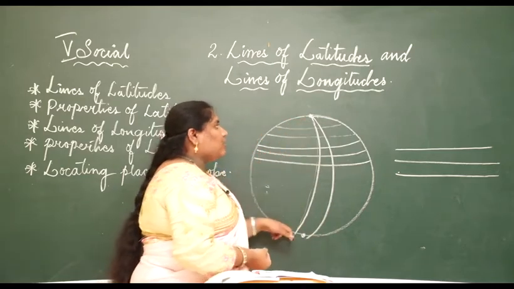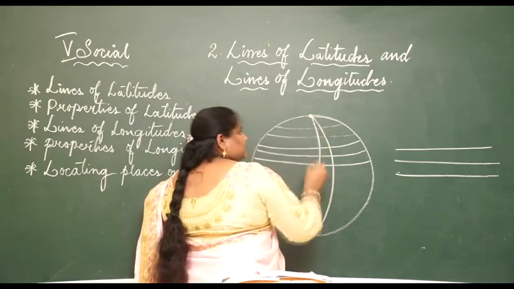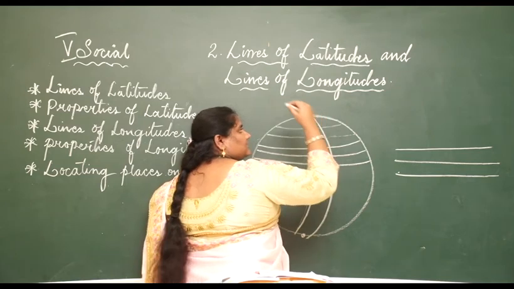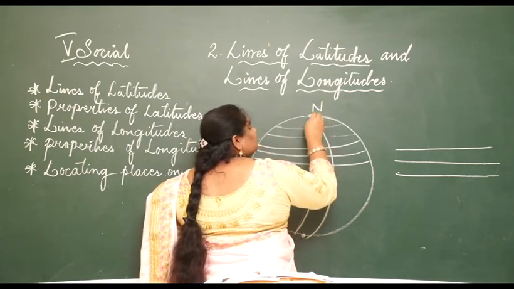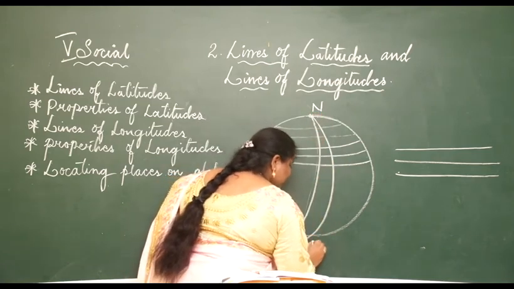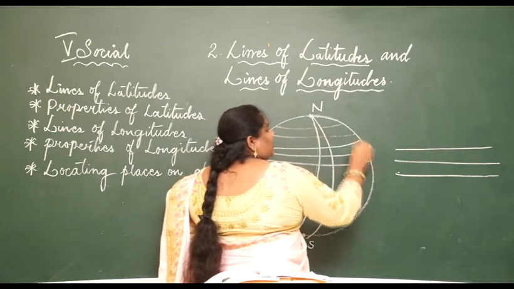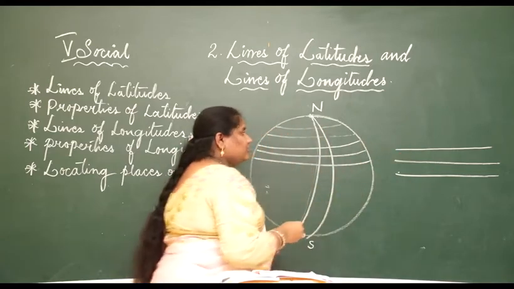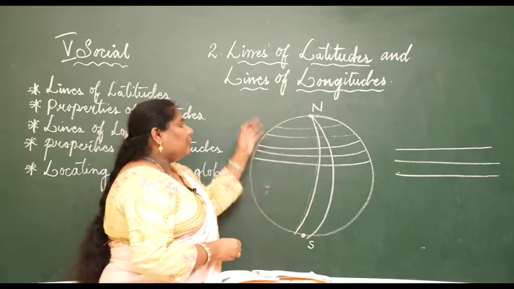These points are called the poles. So here we see this is in the top direction, which is called north. This is called North Pole and the bottom to it is called South Pole. The sleeping lines are called lines of latitude, whereas the standing lines are called lines of longitude.